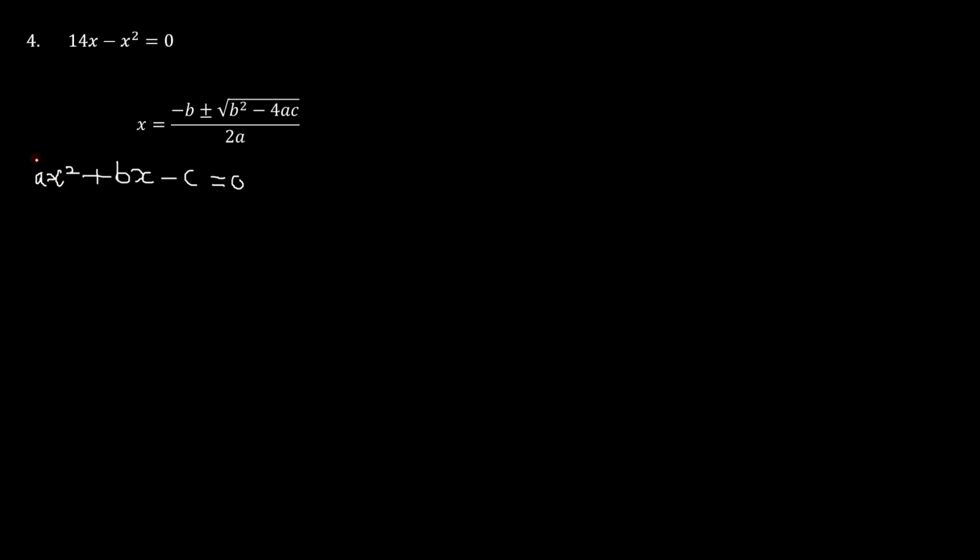This one could be 1 or 2 or anything, this one could also be 1 or 2 or anything, and this one will always be constant. So let's begin. 14x minus x squared. If we find the a here, a could be 1 because minus 1 times x squared is minus x squared. So we could write 1 here so it will not confuse us. So this is a, and 14x, that's b.